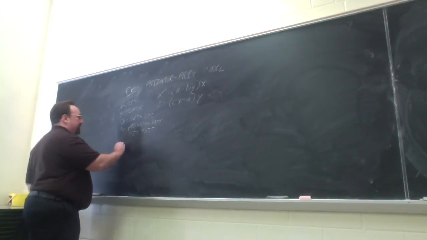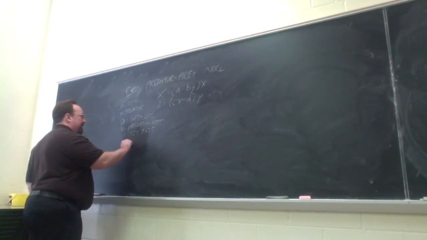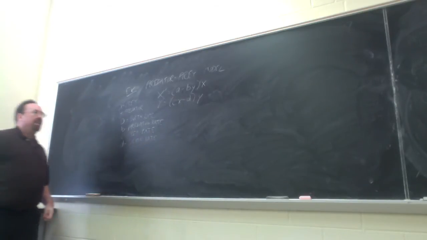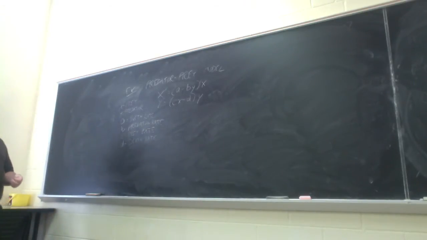But we have the minus D, that is the death rate of a predator. And if D is too large compared to C, then what can happen is starvation. There's not enough prey around to subsist.